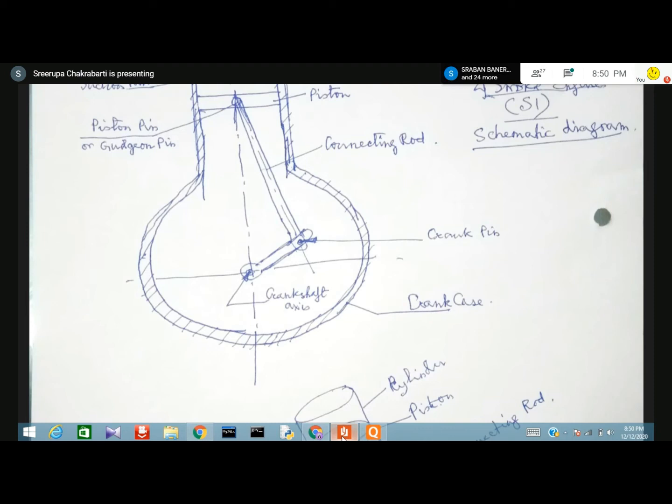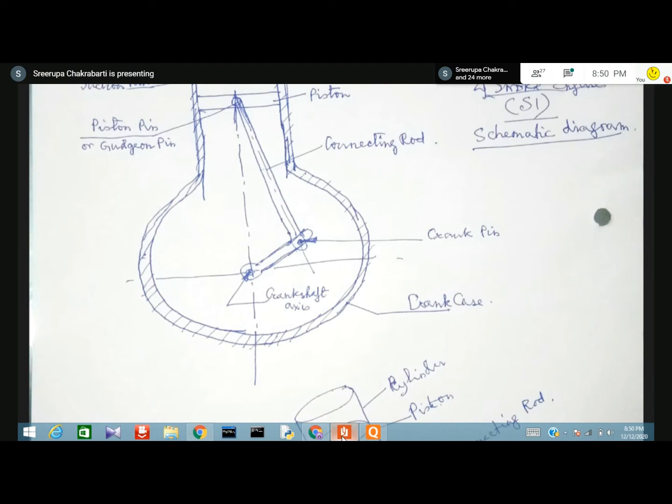You know, a die is a component where there is a groove, and in that die we put the soft metal and press it by a punch so that it gets a shape. This entire thing will be shown to you in the forging class.